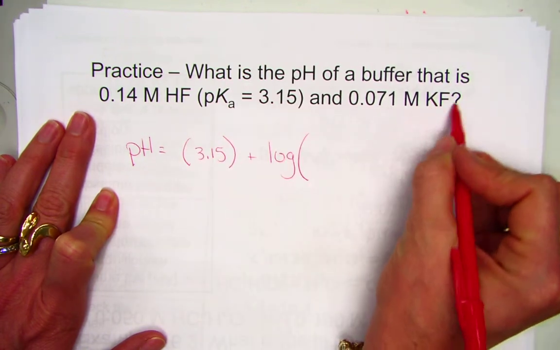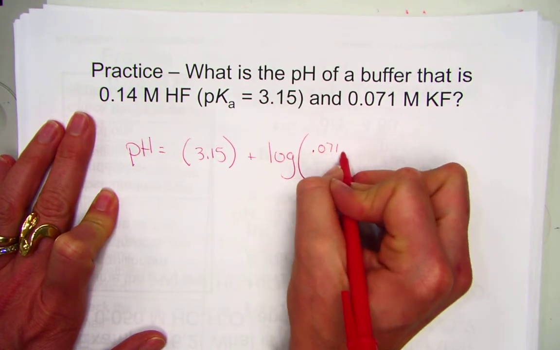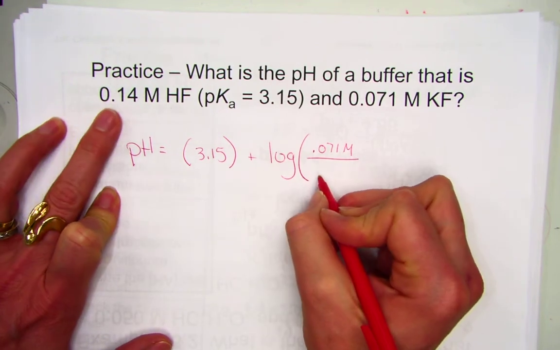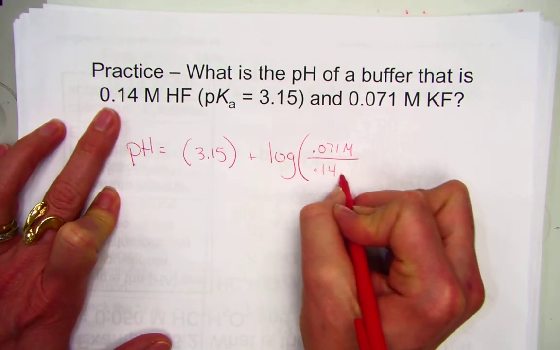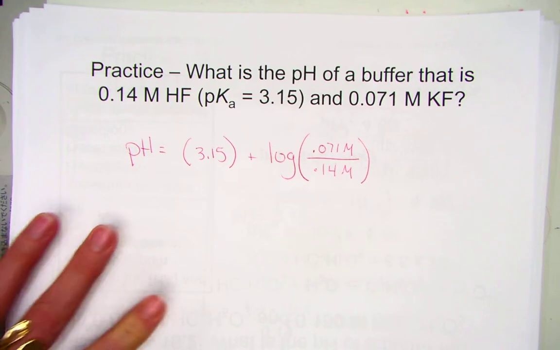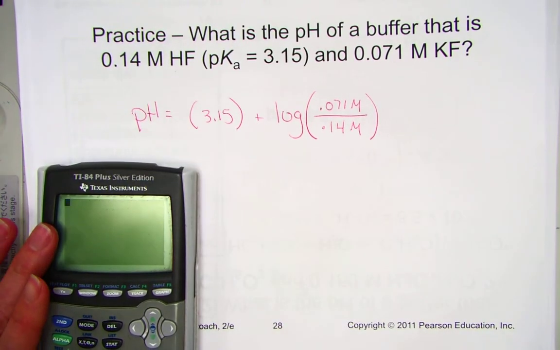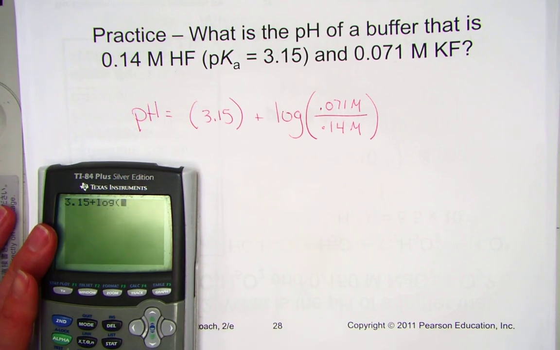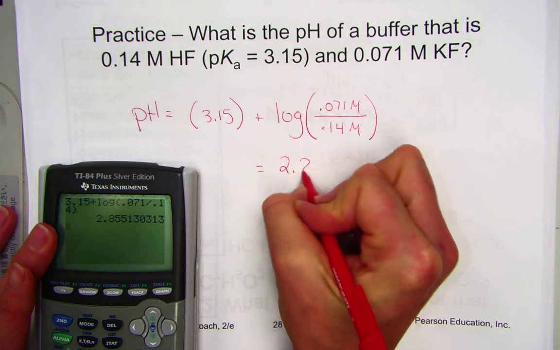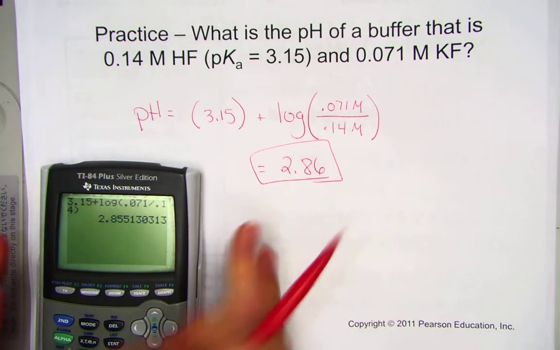The base, 0.071 molar, over the acid, 0.14 molar. We'll hit that Henderson-Hasselbalch and have the pH. 3.15 plus the log of the ratio of 0.071 over 0.14. Close parenthesis. pH here, 2.86 pH units.